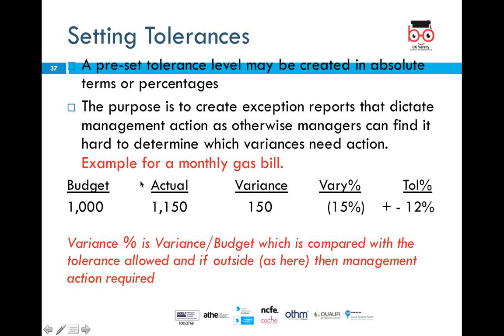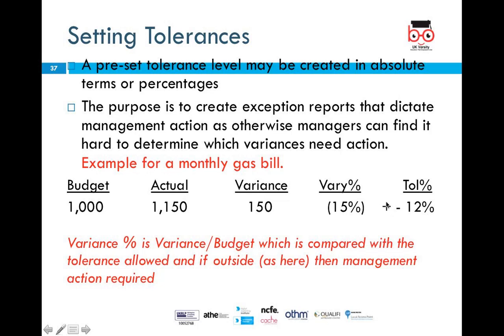For example, we have a budgeted figure of 1,000 units, and we have an actual figure of 1,150 units in our monthly gas bill, and we have seen that it exceeds by 150 units. That's 15% over, 15% extra from our original budgeted figure.